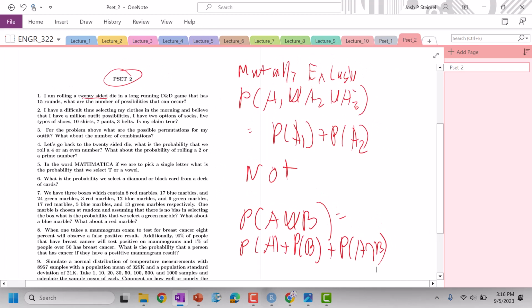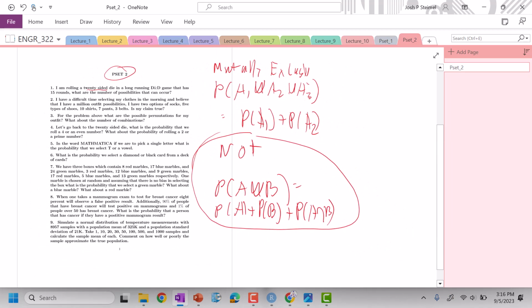We are asked, what is the probability that we roll a 4 or an even number on a 20-sided die? Mutually exclusive events means we can't have one outcome satisfy two conditions. So outcome A is we roll a 4, outcome B is an even number, so those are not mutually exclusive events. So what we're going to have to do here is actually solve this.